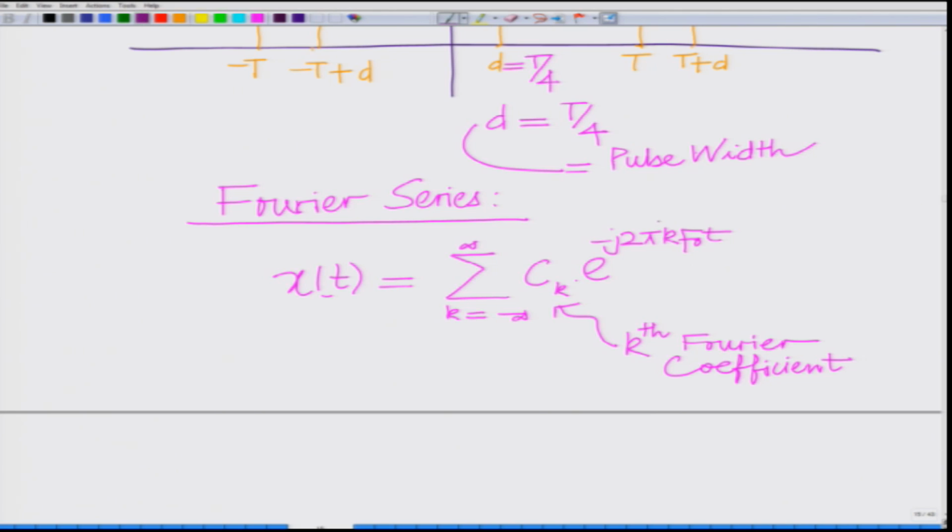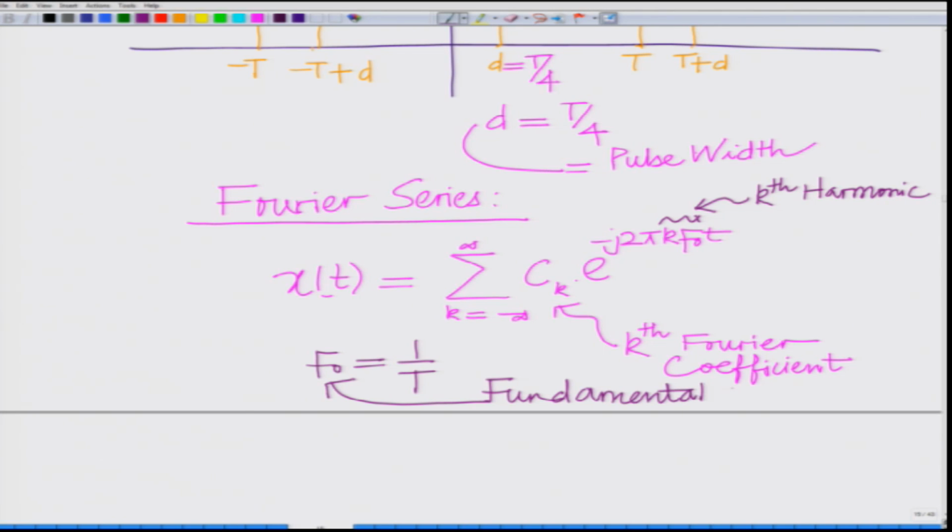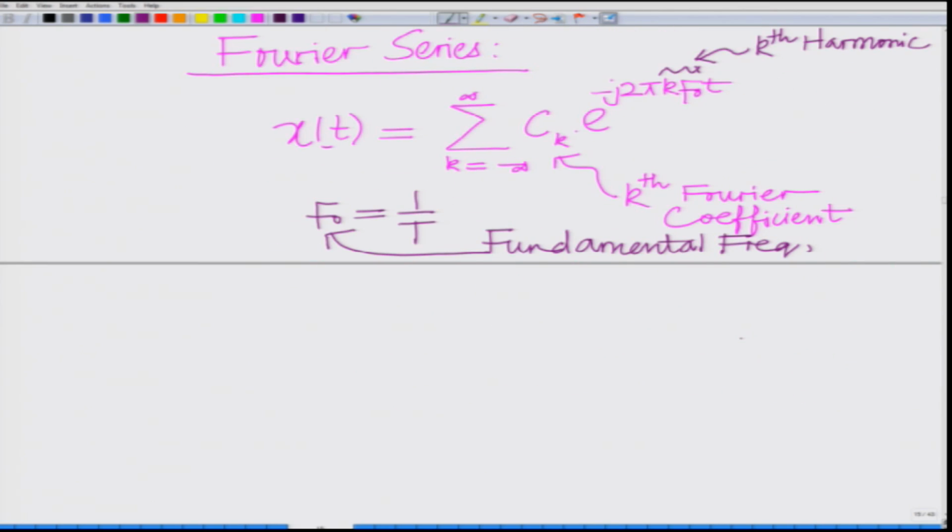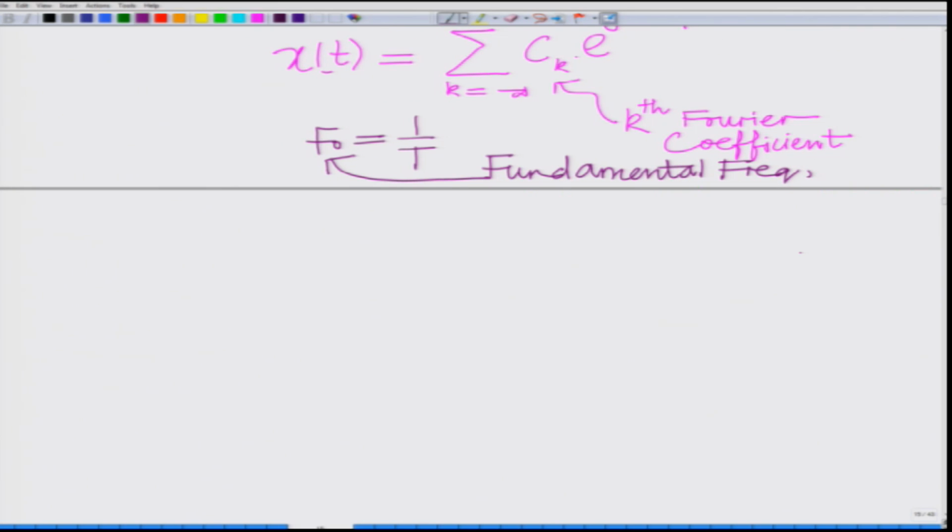This frequency k f naught, remember we said, is the kth harmonic, that is the kth multiple of the fundamental frequency, where f naught equals 1 over T. This is the fundamental frequency.